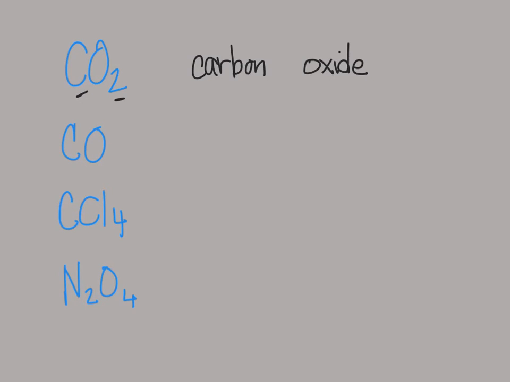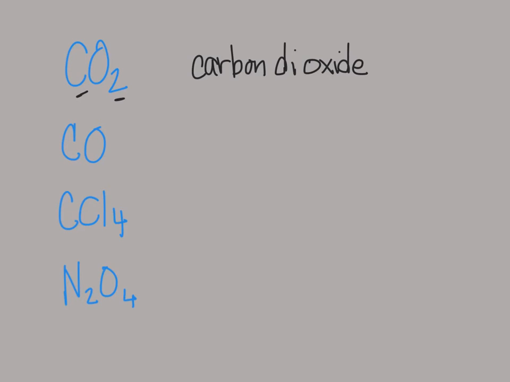Our subscript for carbon is 1, so the prefix would be mono, but the first element is carbon, so we cannot use mono on the first element. We'll move on to the second element, which has a subscript of 2, so that prefix is di. We add the di in front of the oxide, so it becomes carbon dioxide. You've seen and been experiencing carbon dioxide all your lives.